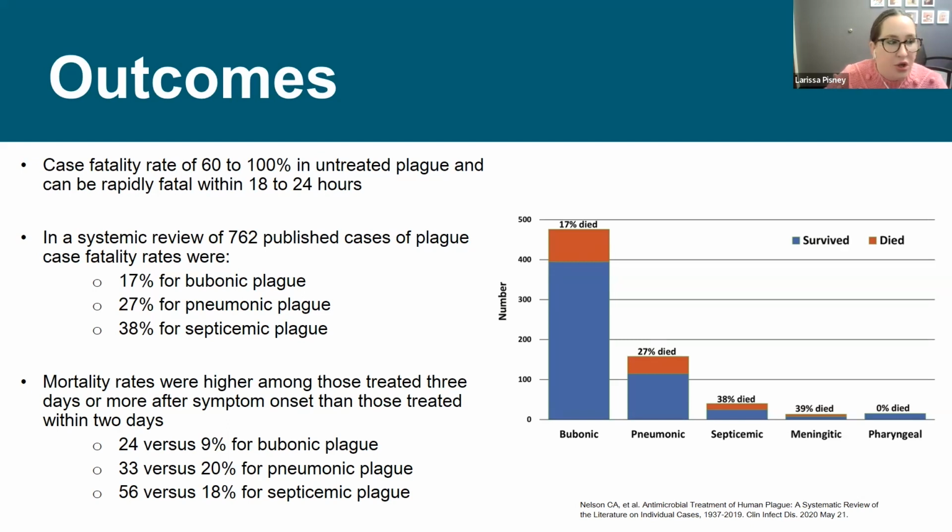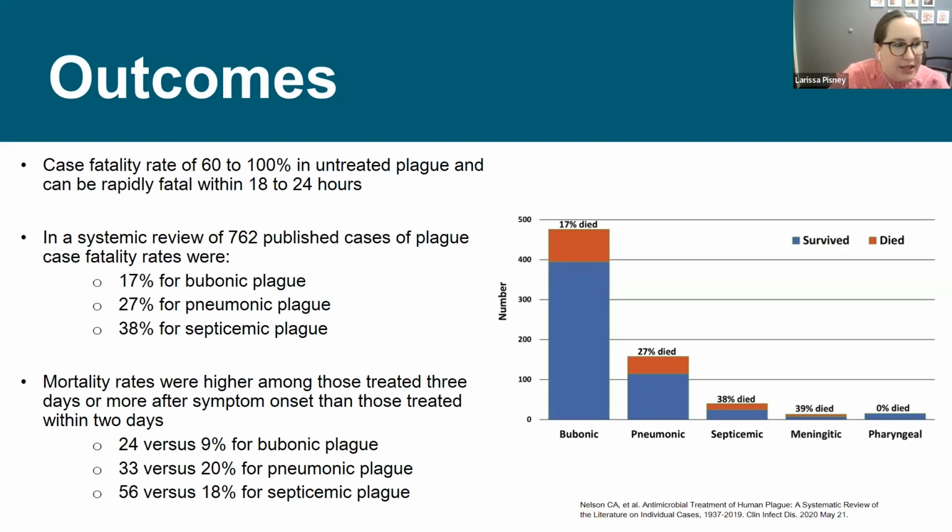It is important to note that within those case fatality rates, what they did in this paper was further separate it out and categorize it into those who were treated either 3 days or more after symptom onset, or those who were treated within 2 days.